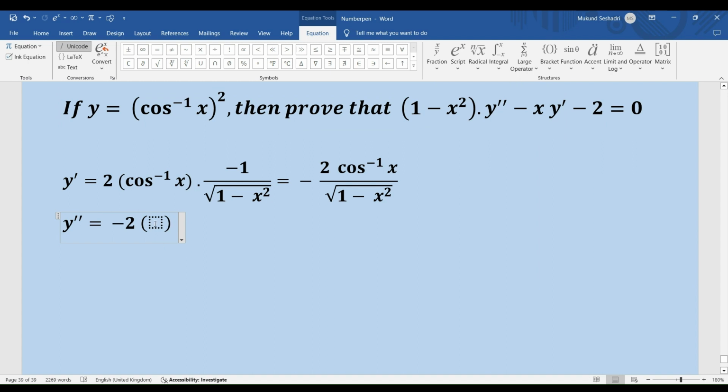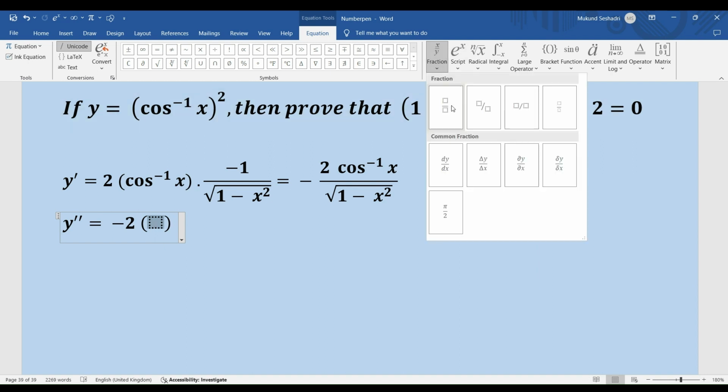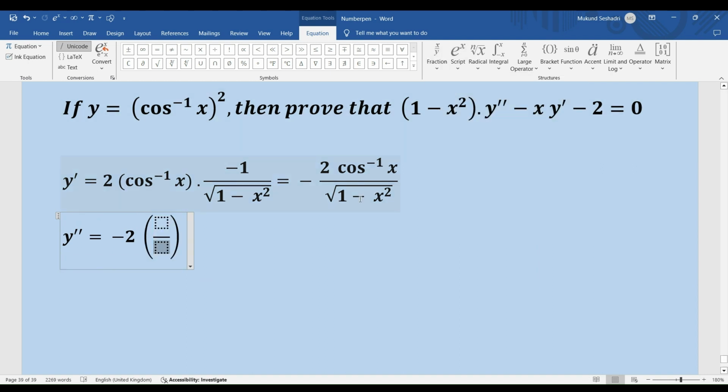Let me open my bracket. And when I apply the quotient rule, what is my step one? My step one is to square the denominator. And when I square the denominator, I get a square of square root of 1 minus x square, which makes it 1 minus x square. And then I go to my numerator.